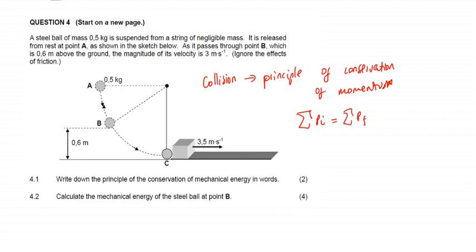So the momentum of this object, which you can call a ball, plus the momentum of the box, initially before the collision, is going to be equal to the momentum of the ball plus the momentum of the box finally after the collision. Initial means before the collision, F means after the collision. Actually, you can then calculate there.